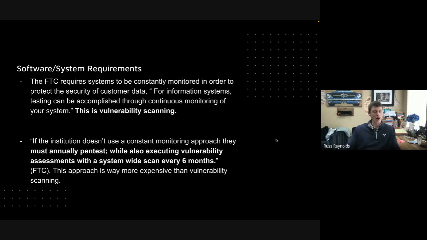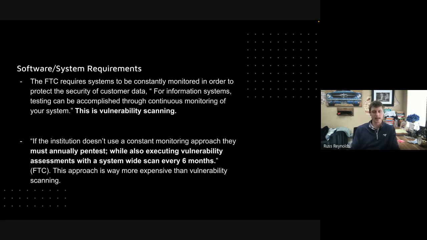And what they are requiring, so Peyton, correct me if I'm wrong here, the GLBA was passed, I believe, in the early 2000s, and they already had some sort of rules in place for consumer data protection. But with the safeguards rule amendment, basically what the FTC is requiring now is that you have some sort of vulnerability scanning or penetration testing done.